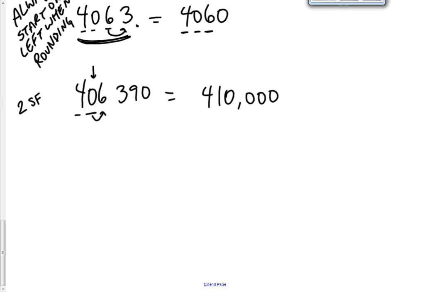So 410,000 is that number rounded to 2 significant digits. And an easy way to look at it is, if you got paid $406,390 in a year, and your boss said, we'll round it to 2 significant figures, you're not going to accept $41. A lot of people try to write 41 and just totally leave out all of these zeros. You're not going to accept that as an employee because they're not the same number, it's not the same value. So make sure you're adding zeros where necessary.